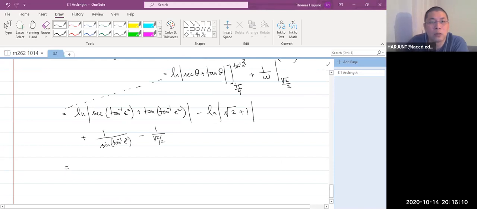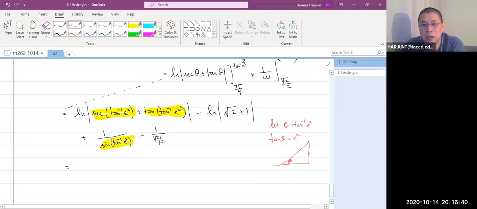Now the thing is, this one is easy. This is e squared, right? That's e squared. Agree? Okay, our issue is how to simplify this and how to simplify this. Side notes: let theta equal tangent inverse of e squared. So tangent theta is e squared.